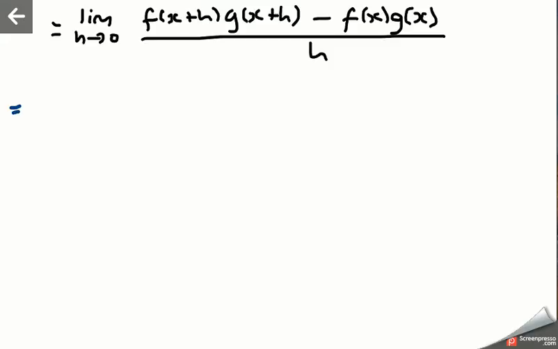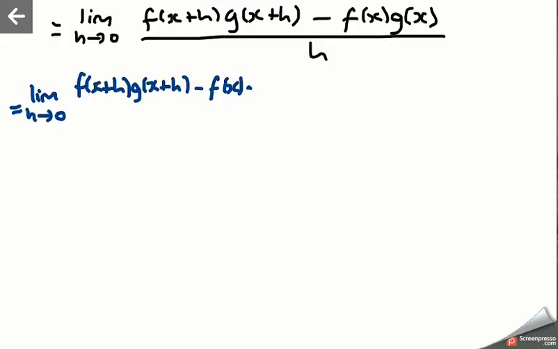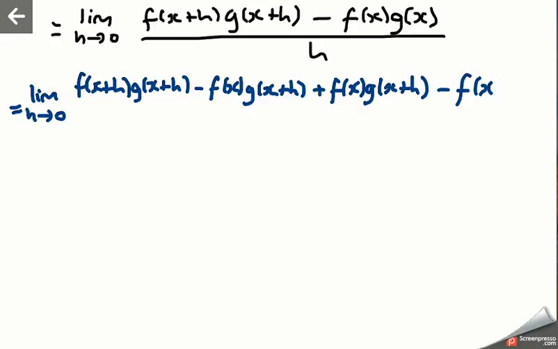So this is equal to the limit as h gets closer and closer to 0 of f of x plus h times g of x plus h, minus, and we're going to subtract f of x times g of x plus h, and then we're going to add that back on again, plus f of x times g of x plus h, and then we're going to minus f of x times g of x again. And so that's this one here.